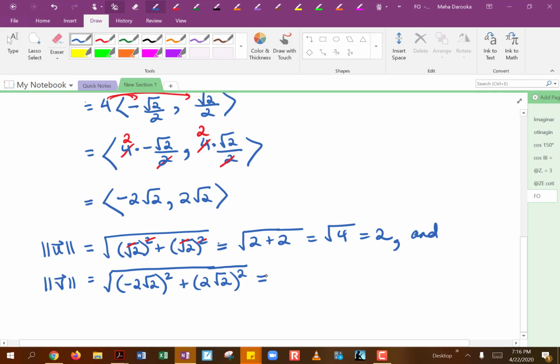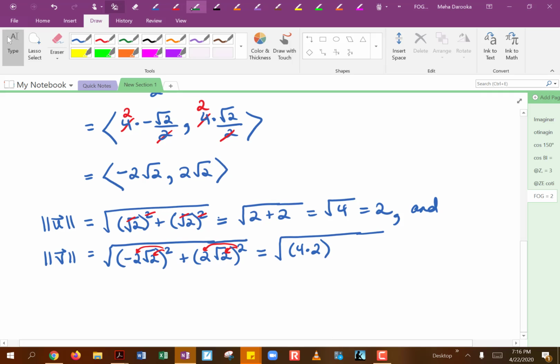The 2 will distribute with both the negative 2 and the square root of 2, and the same thing with the square. On the first part, negative 2 times negative 2 becomes positive 4, and the square root of 2 squared just becomes the number 2.